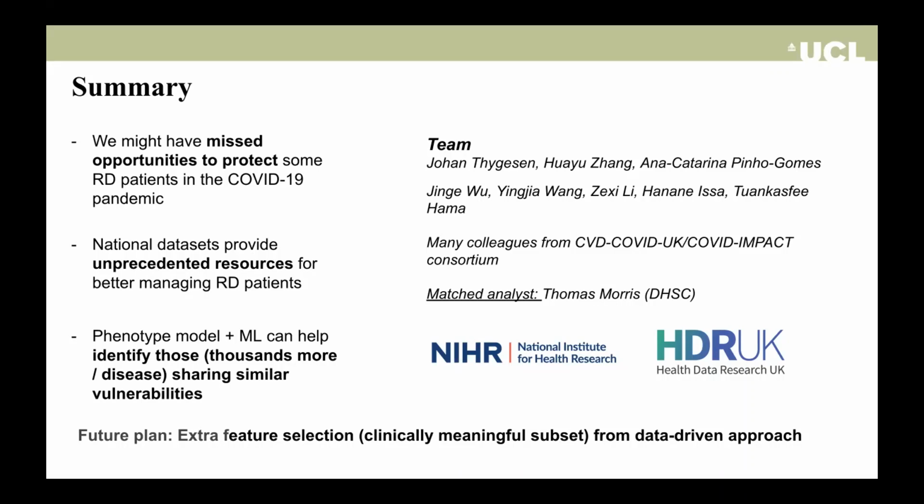For example, inside our national data set, we're going to take a deeper look at those codes and try to select some clinically meaningful subset combined with the current phenotypes. And we will use more features to help have a better prediction and help to identify more patients with potential high risk. And that's it.